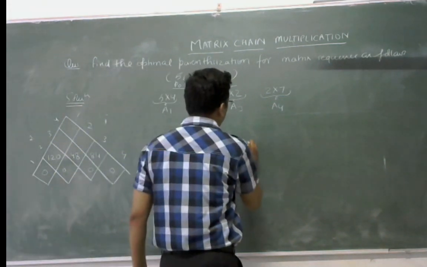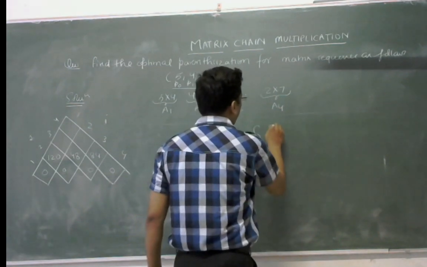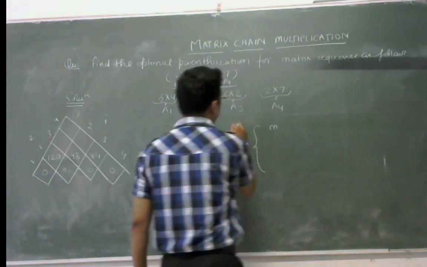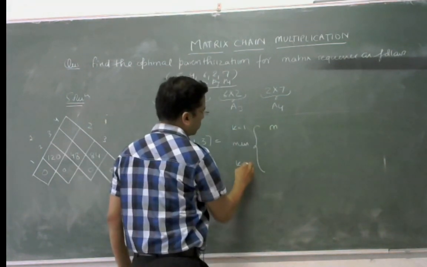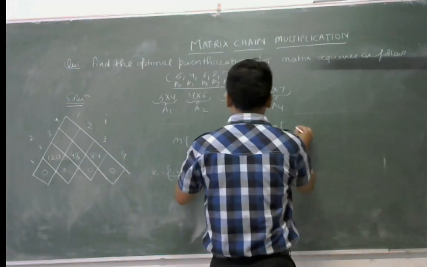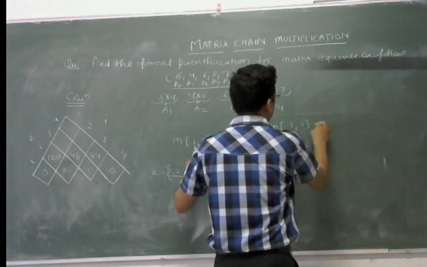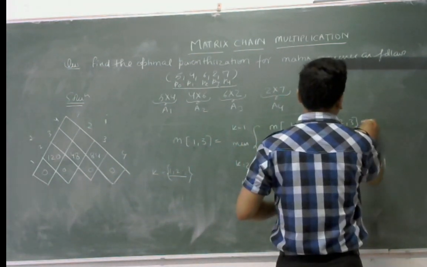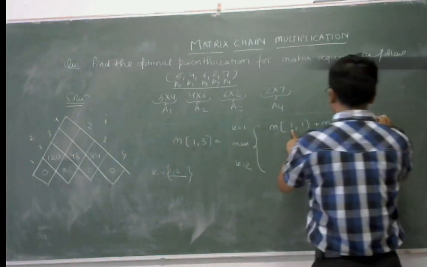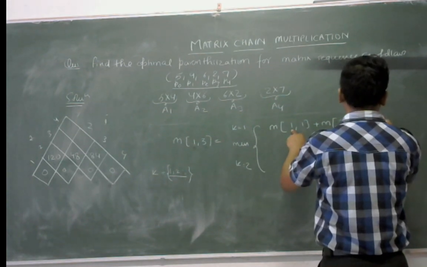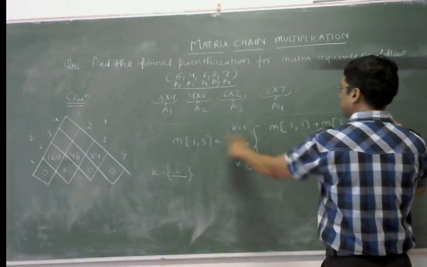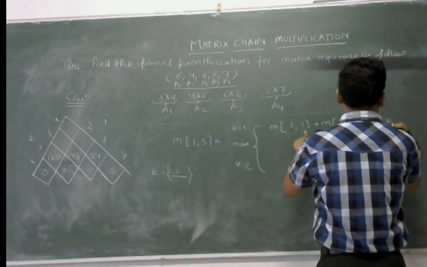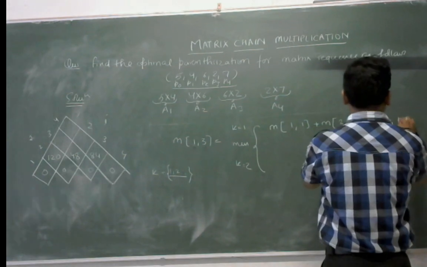So that would be equals to minimum of, here I am writing that k is equals to 1 and k is equals to 2. For k equals to 1: m(1,1) plus m(2,3) plus p(i minus 1), i is equals to 1 means p0, into pk, k is equal to 1, and into pj, pj is equal to p3.